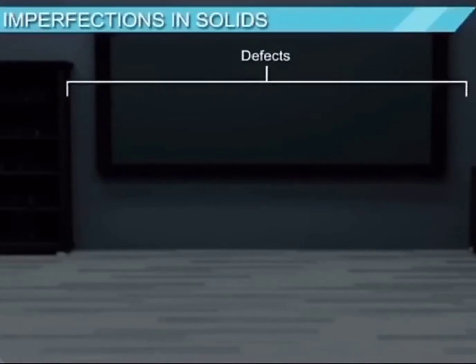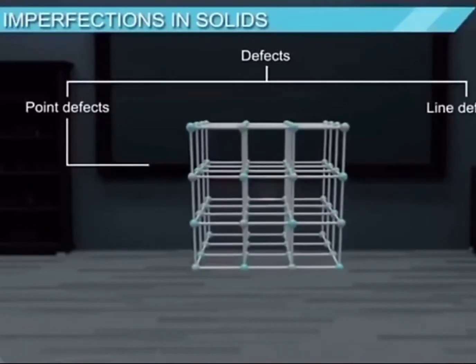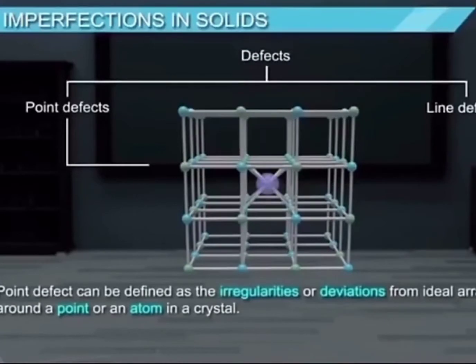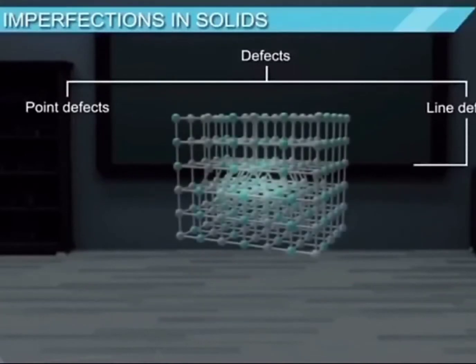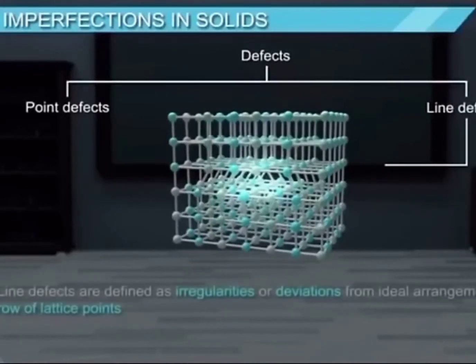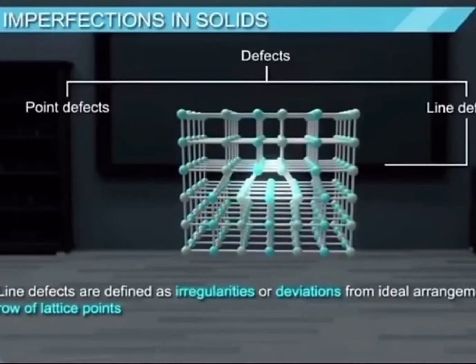The defects are classified into two categories: point defect and line defect. Point defects are the irregularities or deviations from the ideal arrangement around a point or an atom in a crystal, whereas line defects are the irregularities or deviation from the ideal arrangement in the entire row of lattice points.